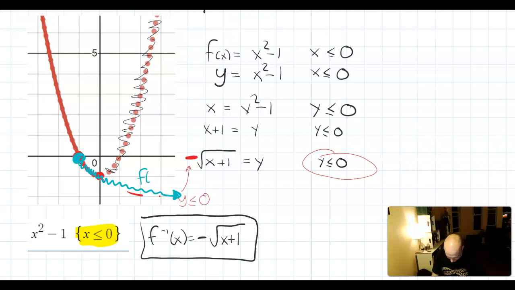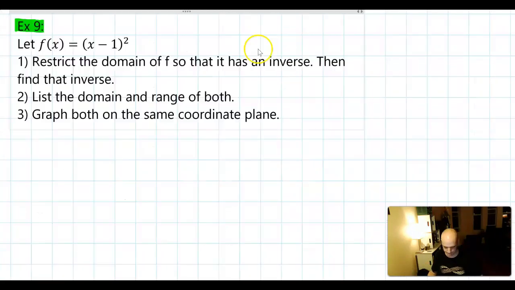So that's f inverse of x, in this case, where our f of x was the negative half of that restricted graph. So your inverse will depend on what domain restriction you choose of the original f. But once you've chosen a restriction that is one-to-one, you can solve, and indeed you can successfully find an inverse.